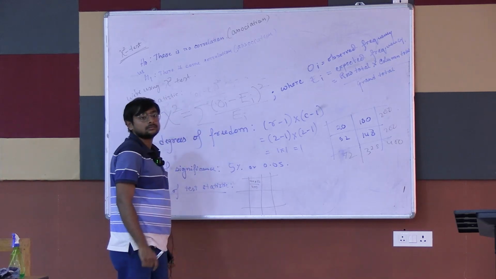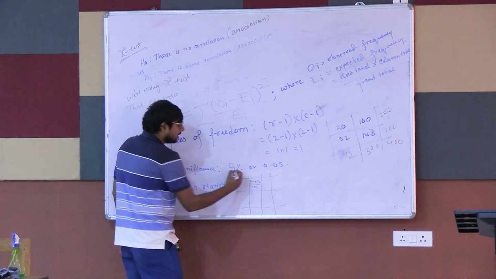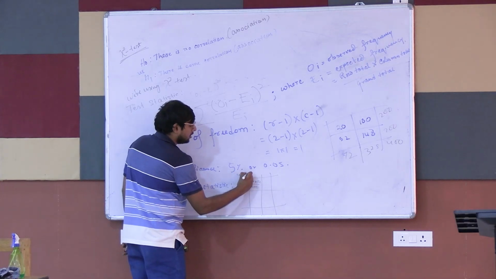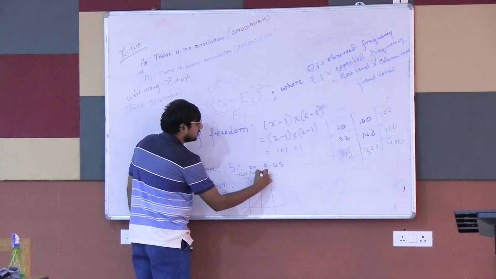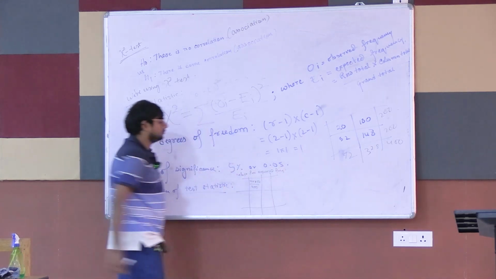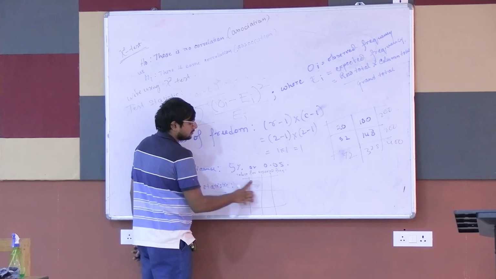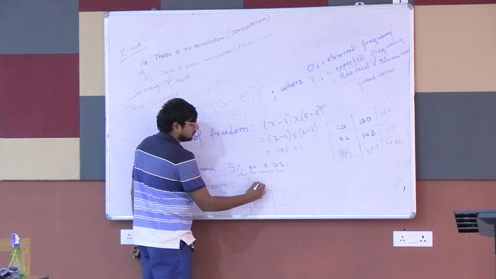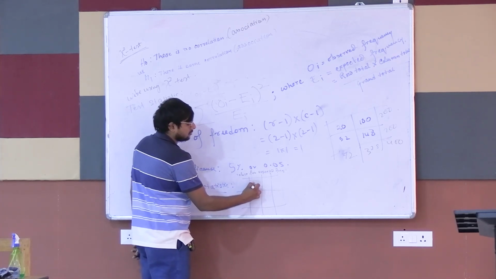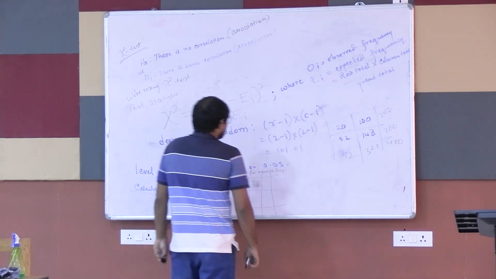How much? You just write here table for expected frequency. This will be 36. 36.